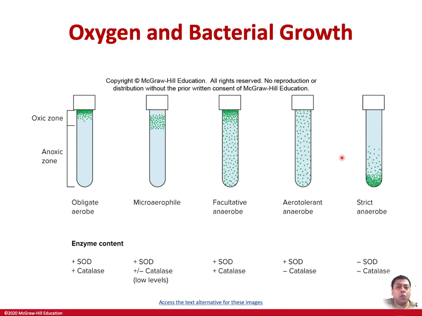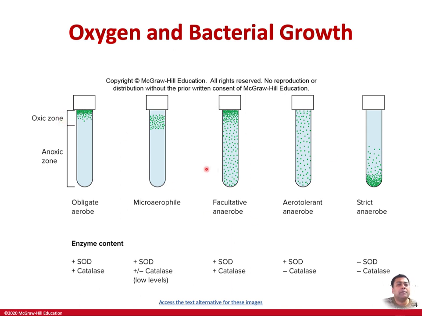The way we do this experiment in a liquid culture, we use a broth which is supplemented with a chemical known as thioglycolate, or sometimes you can use cysteine as well. The thioglycolate will scavenge all the oxygen that is present in the media. But just above the screw cap, you have a little bit of oxygen that will diffuse to the interface, and we call this top area the oxic zone.